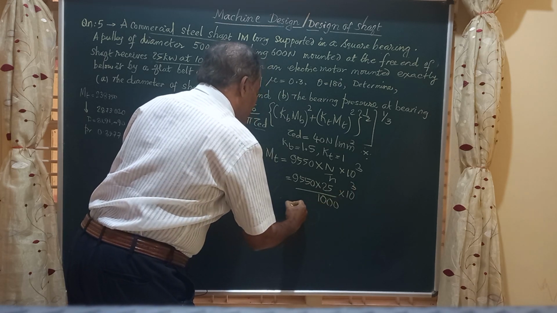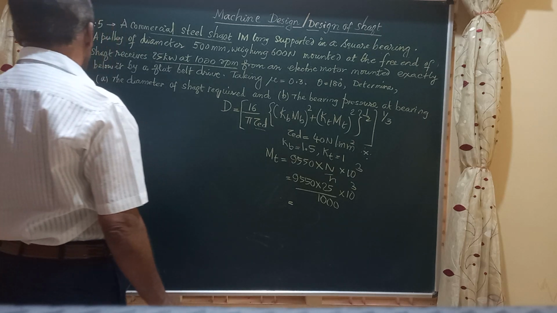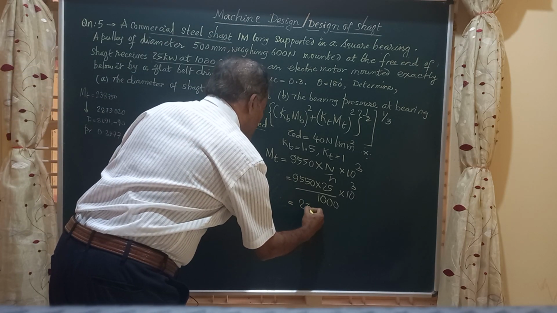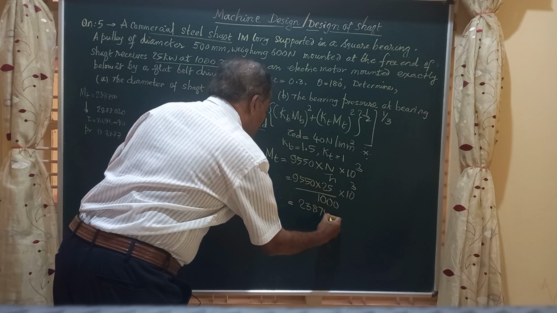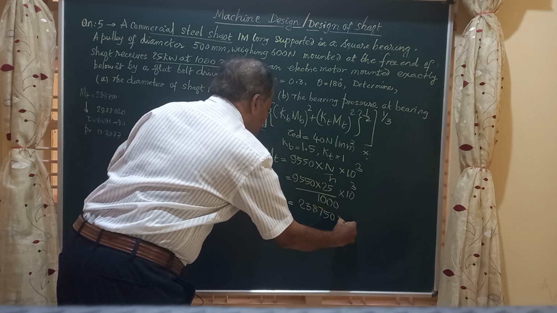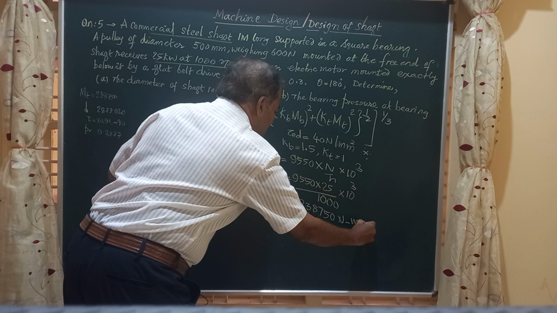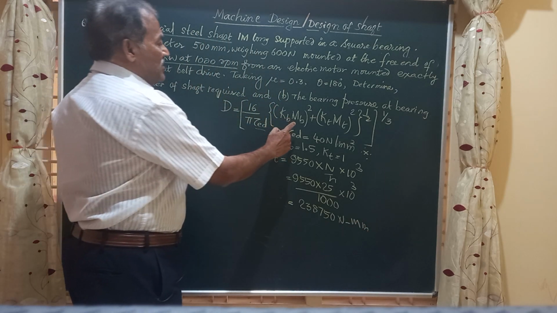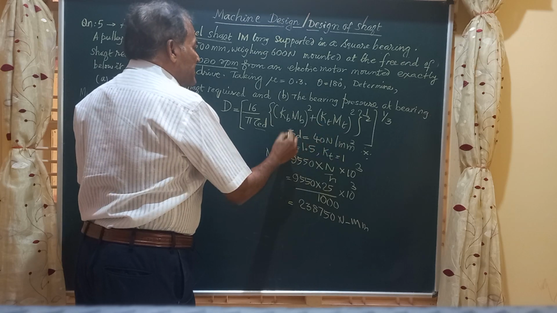And if you simplify, friends, this works out to 238750 Newton millimeter, which is the value of this torque. So friends, we know Mt.